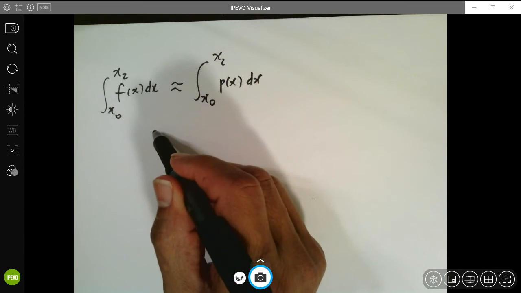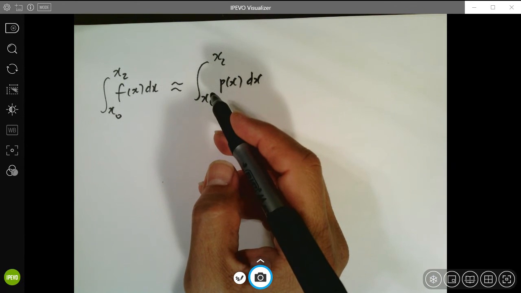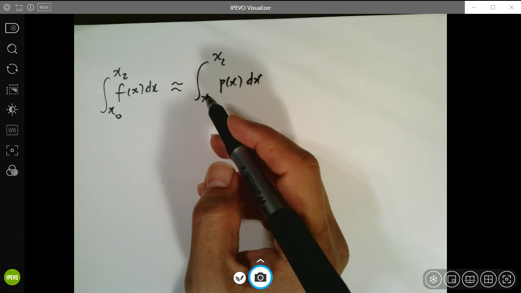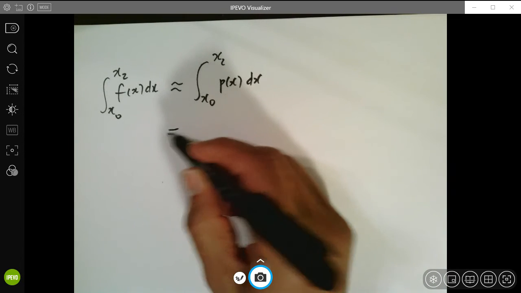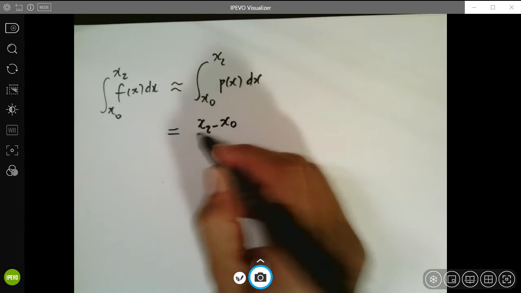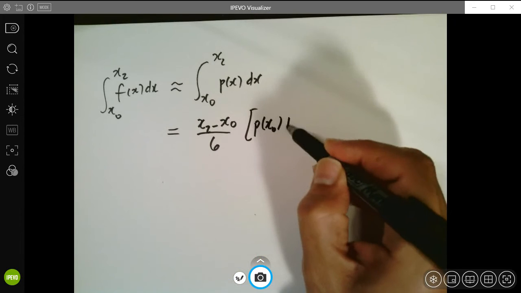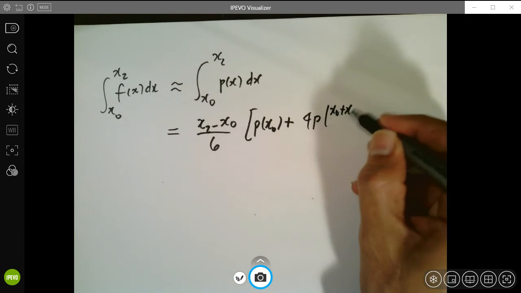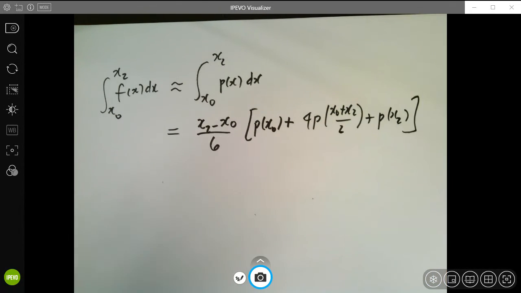Then I will get x2 minus x naught over 6 times p of x naught plus 4p of x1 plus p of x2.